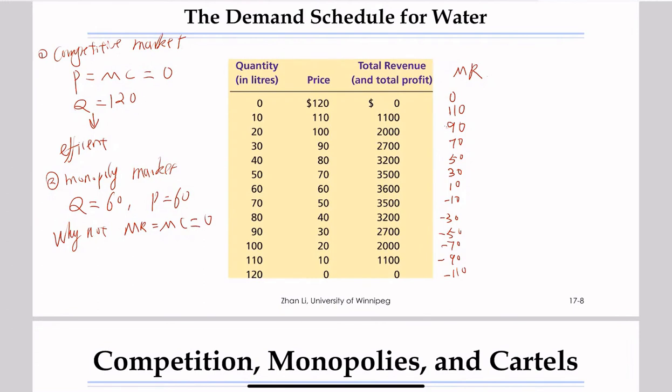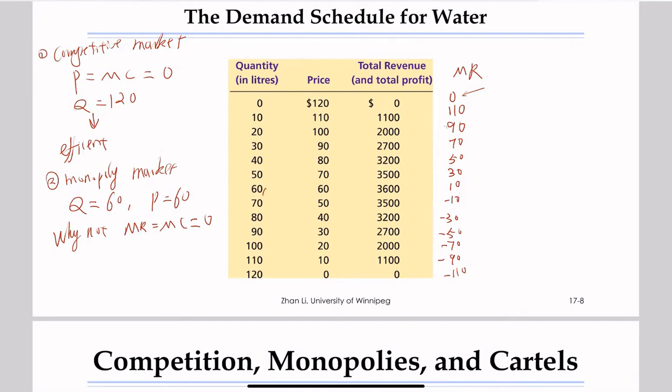So why do we have this result? Well, the reason is that this is an introductory course. We only have these integers here. So potentially, the marginal revenue will happen at a certain non-integer number.